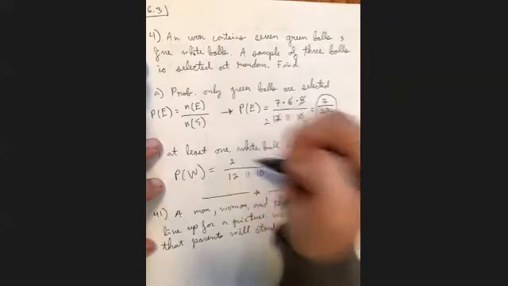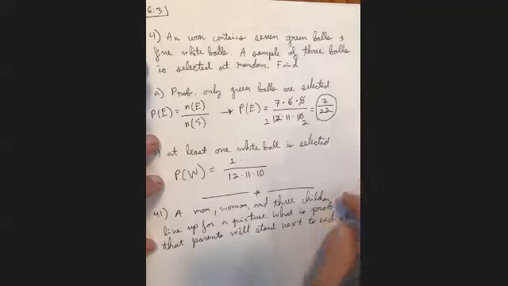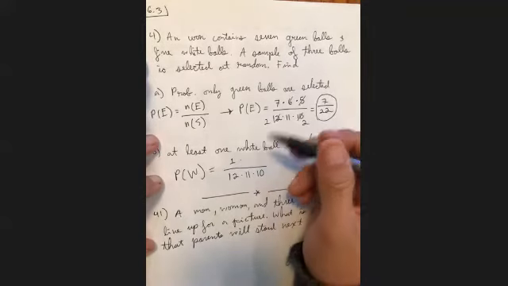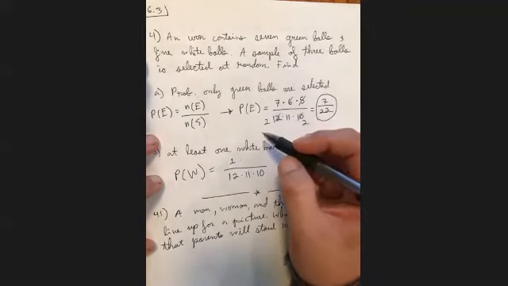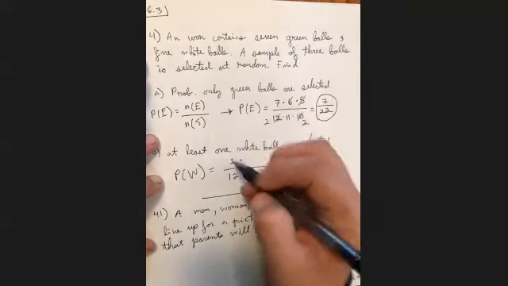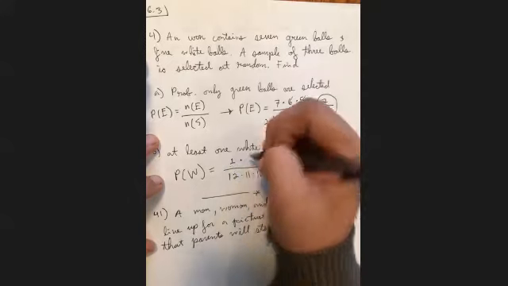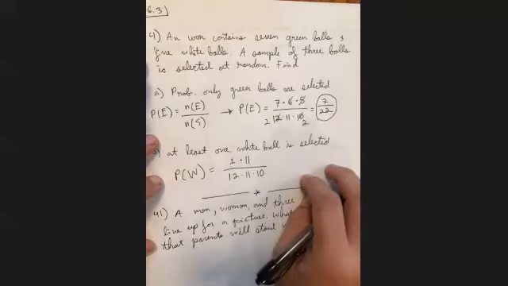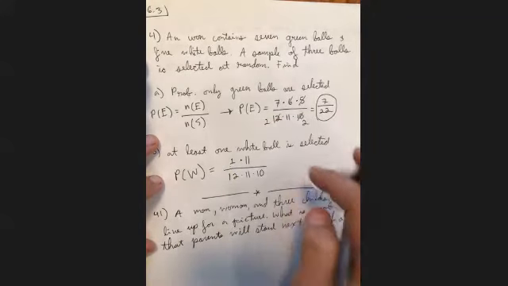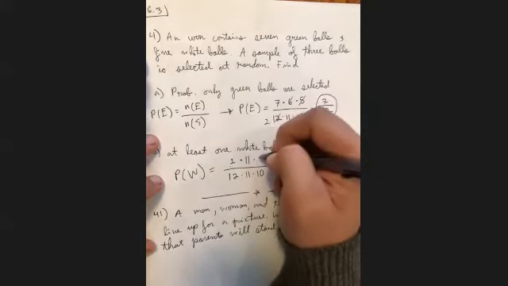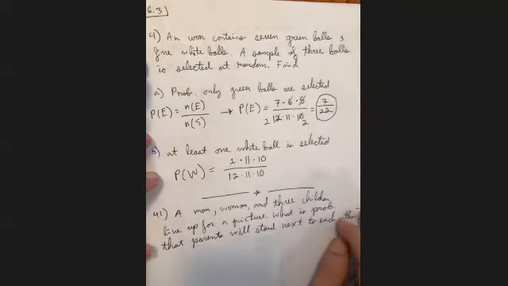So there's one option for the first selection, and then when we select the next two, we don't care about the colors. So we've pulled one ball out. So then there's 11 left to choose from for the second selection, and then 10 to choose from for the third.